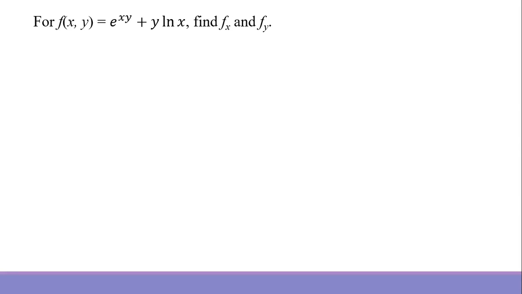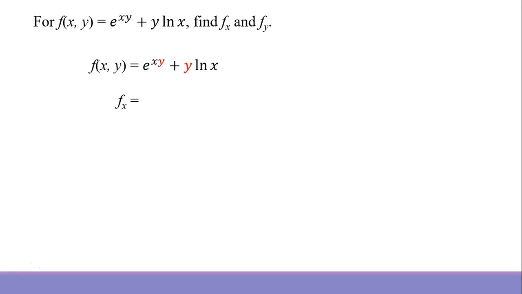Here's a function f, which also has two independent variables, x and y, and we want to find the partial derivatives with respect to x and then with respect to y. For the partial derivative with respect to x, anything that's not an x we'll look at as a constant. So we'll take the derivative of the first term, e to the xy.